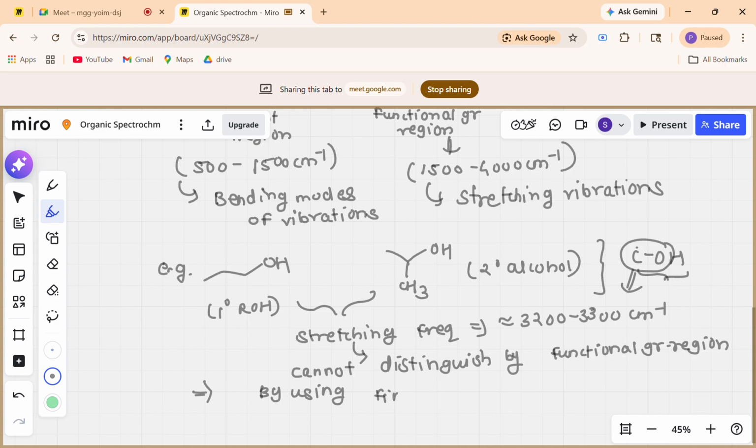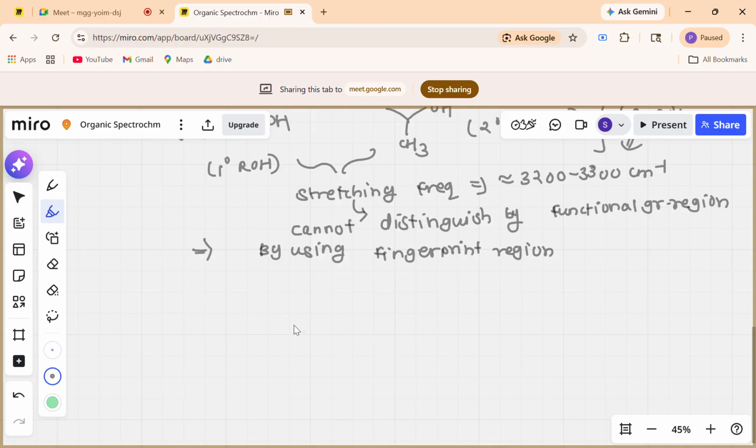So if we use the fingerprint region now, then we can characterize the separation by bending region.